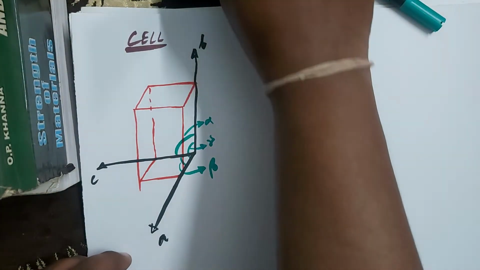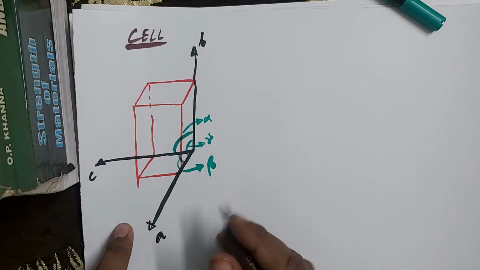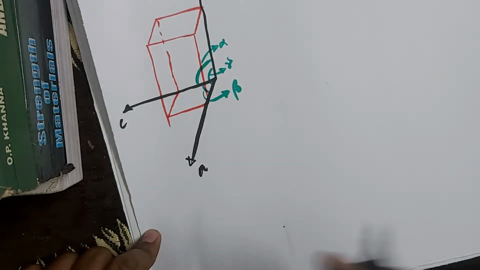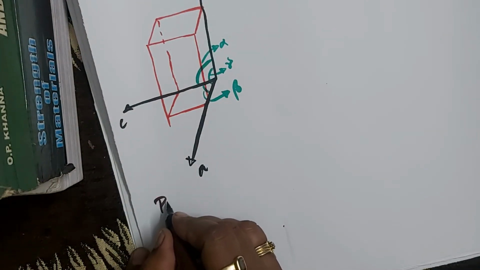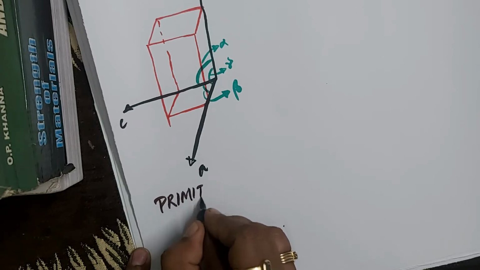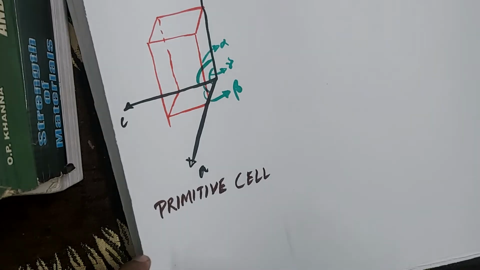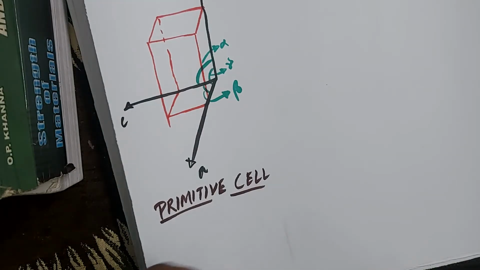And then next is the primitive cell. The smallest cell with lattice points at its eight corners, which has effectively only one lattice point in the volume of this cell, is called a primitive cell.